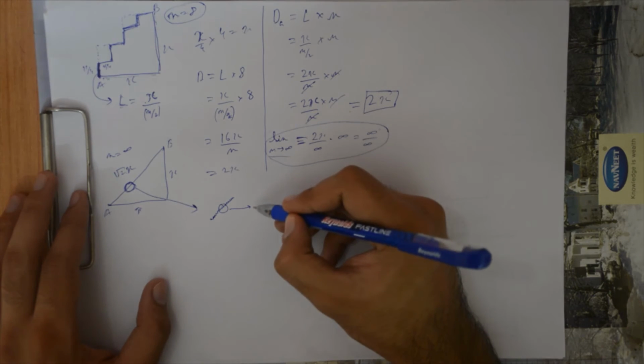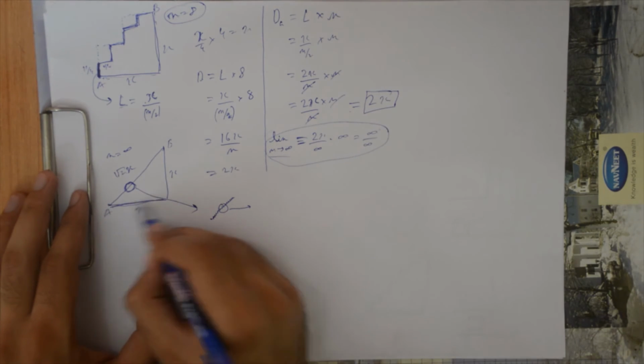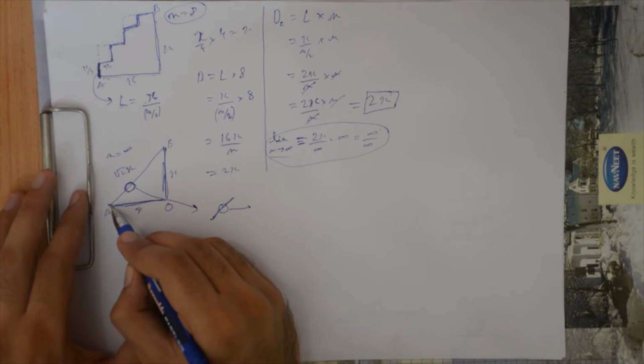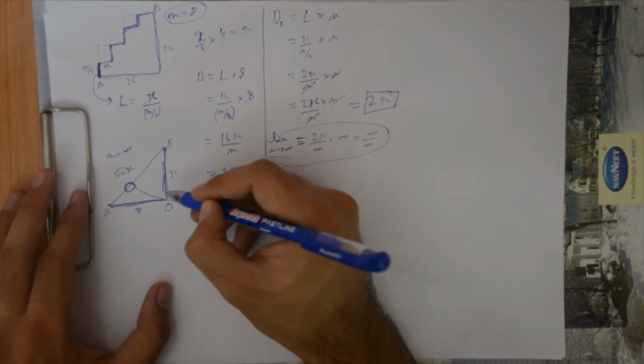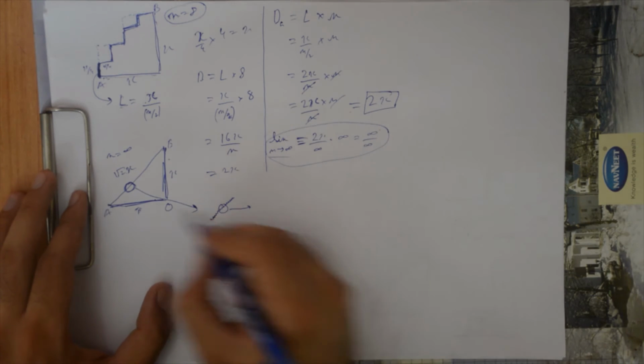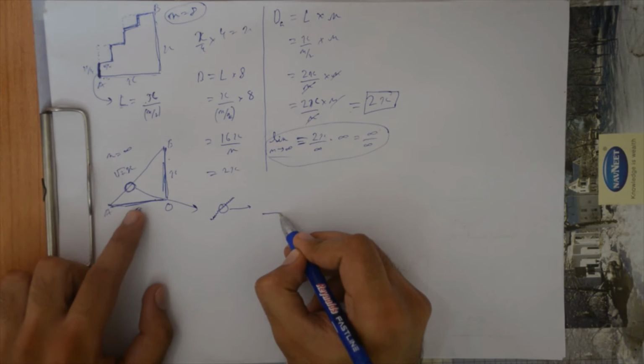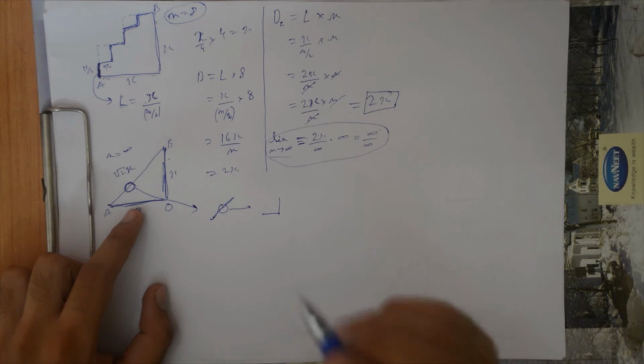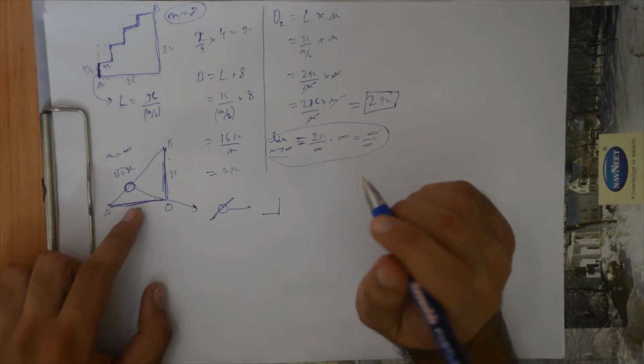these paths will always be parallel to this side or this side. It will always be parallel to AO or OB. This horizontal path would be parallel to AO, and the vertical path would be parallel to OB. This is the main point we need to understand.